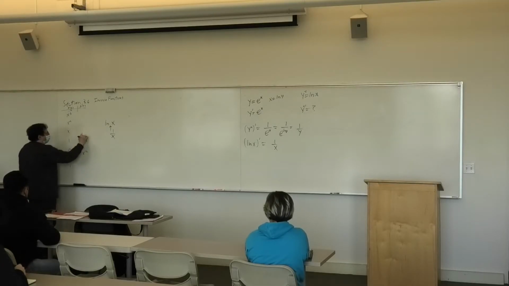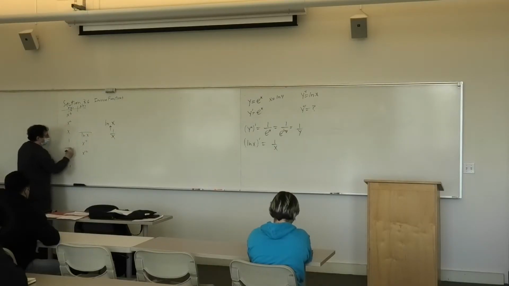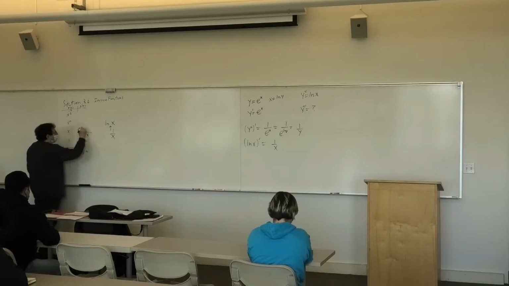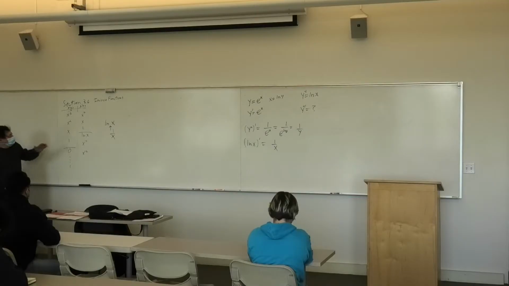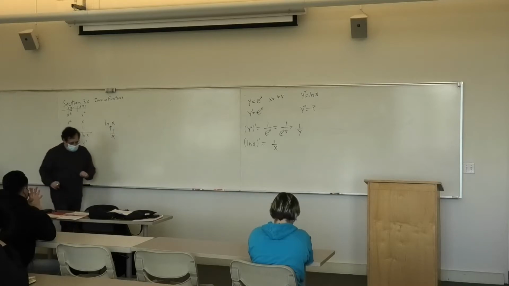X to the minus 1, well then we run into the log of x. There's kind of a break here. I guess you can go back to a constant. I don't mean these to be the derivatives, there's constants here that are missing. But what happens with polynomials when you find the derivative is you always get down to 0, and you kind of have to jump in here with 1 over x to go any further. I don't know if that really helps anything. It's just the way I think about it.